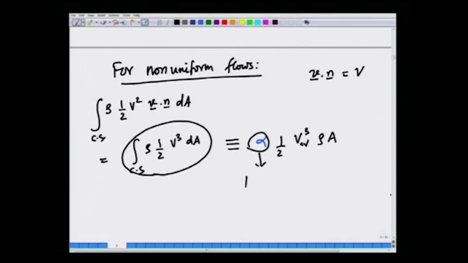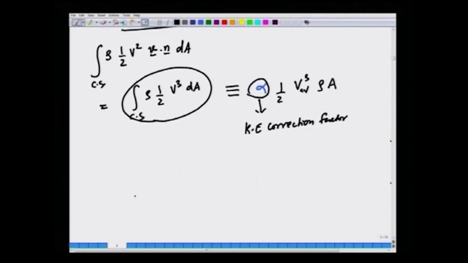This is called the kinetic energy correction factor. So, in order to find what this kinetic energy correction factor is, alpha is equal to 1 over area times the integral of u by V average whole cubed dA.